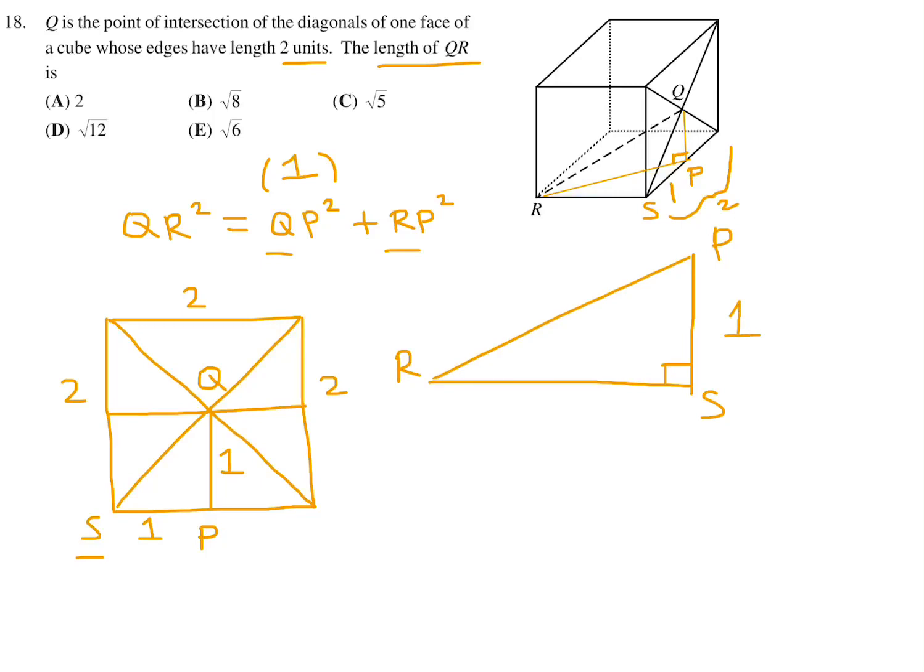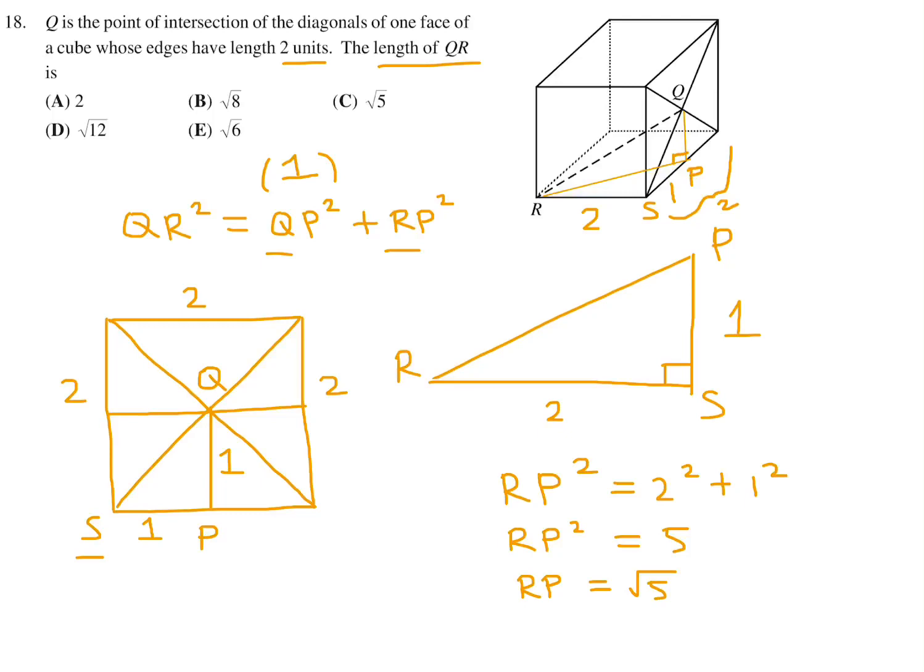And then RS is just the length of the side of this cube. So that's 2. So we can use Pythagoras to solve for RP. RP squared is 2 squared plus 1 squared. So that's 5 for RP squared. RP is the root of 5. So there you go. You've got everything you need.